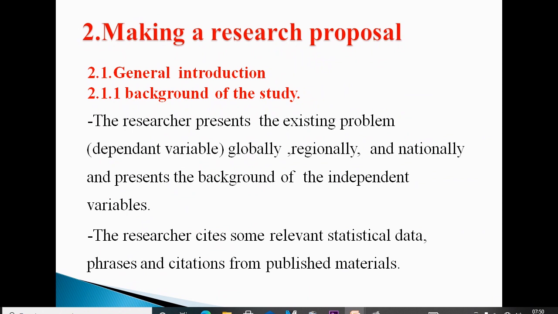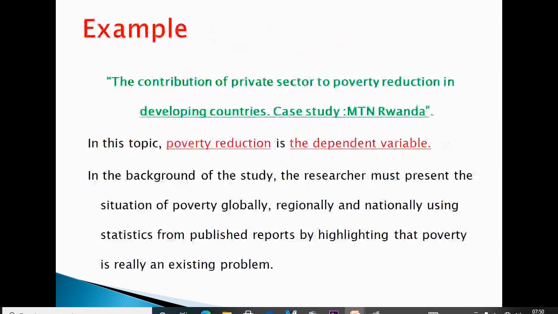Here the researcher presents the existing problem, I mean here the dependent variable, globally, regionally, and nationally, and presents the background of the independent variable. The researcher must cite some relevant statistical data, phrases, and citations from published material.